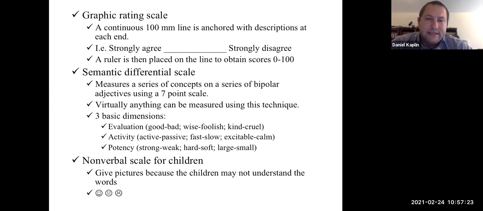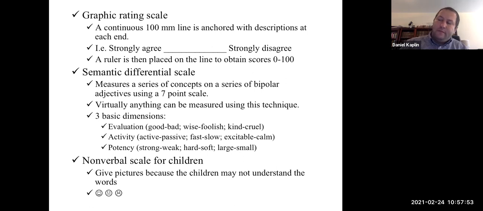So these dimensions must be dichotomous. Pardon me, they have to have dichotomous poles, but they can be spectrum-based. Forgive me for that. So evaluation, activity, and potency are very common dimensions or basic dimensions for semantic differential.